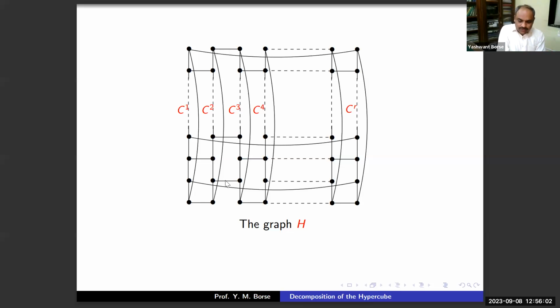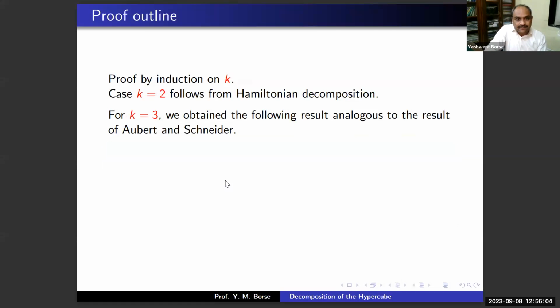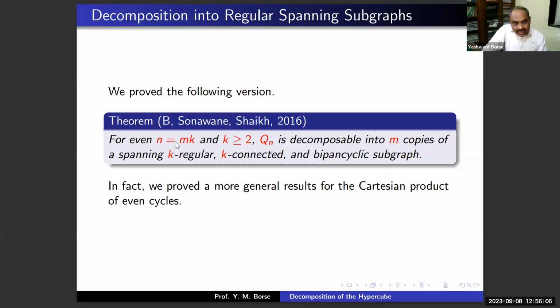Here we have talked about when n is a multiple of k, so n is k plus k plus k, m times. Then we are decomposing Qn into m copies of the same graph, a k-regular, k-connected bipancyclic subgraph.